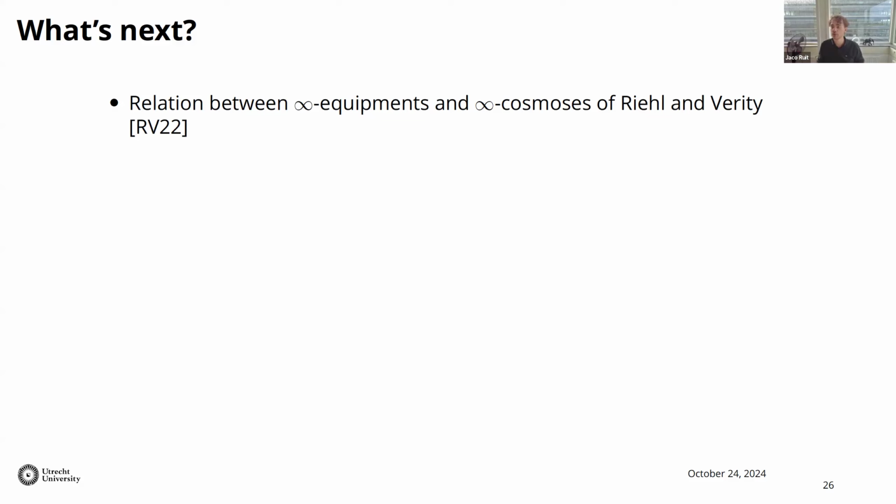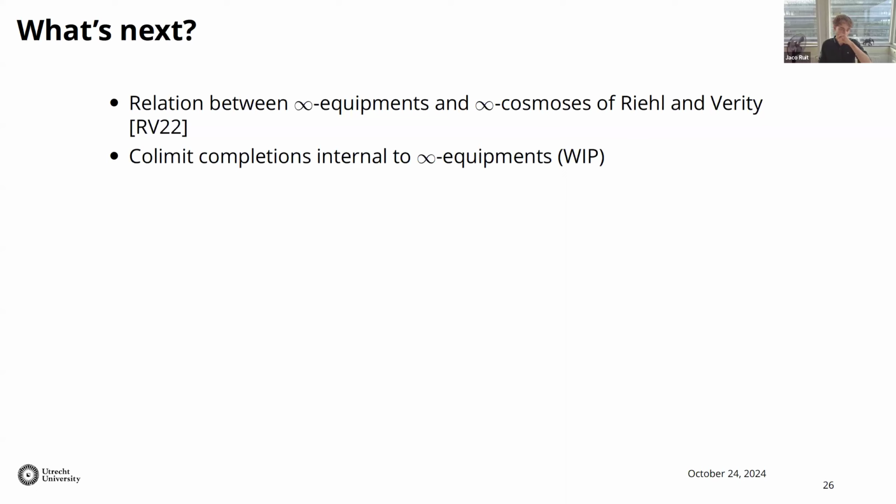And there should be some precise relation between those two. If you read the work about infinity cosmoses, you see that every infinity cosmos has an associated virtual equipment. And this should be sort of evidence for the fact that every infinity cosmos has an underlying infinity equipment. That would be nice to make precise, but I just want to warn you that this might be very complicated to do.